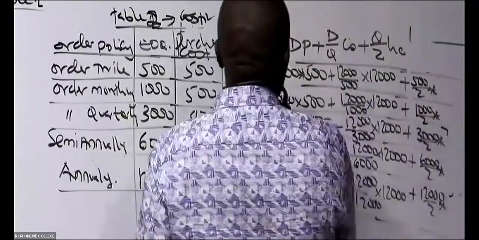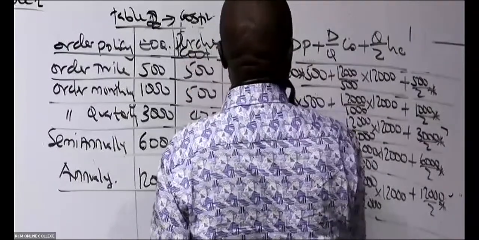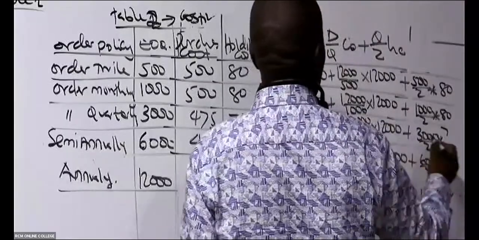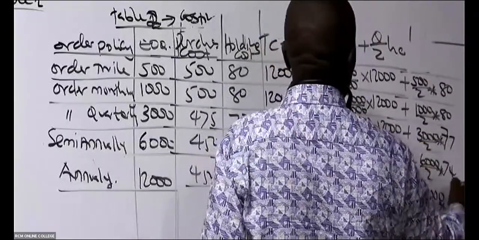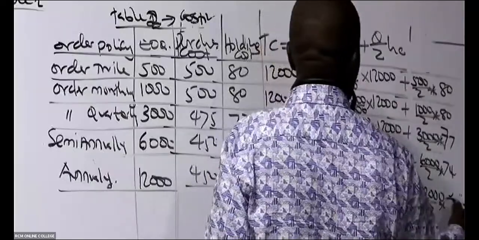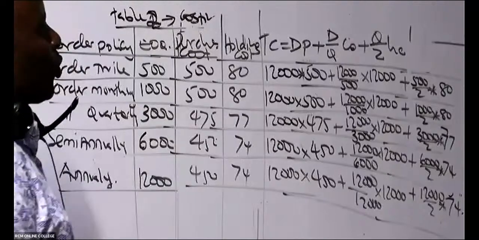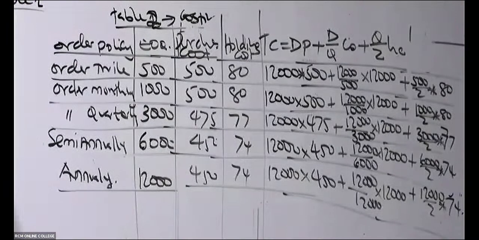So times HC. So what do we have here as our holding cost? 80. Yeah, 77. 74. So please move slowly and give me the total cost for each one of them.